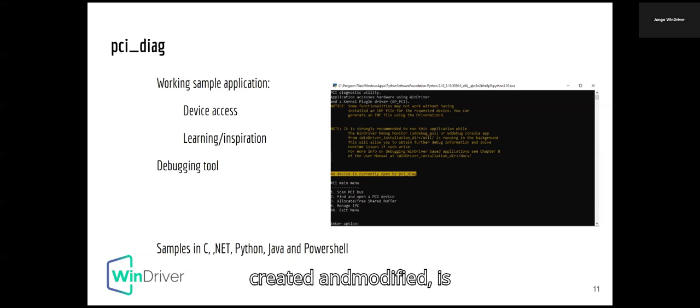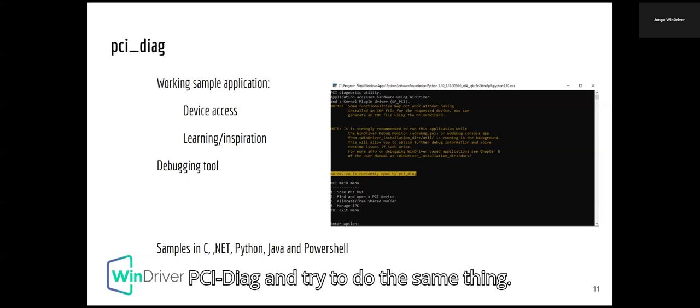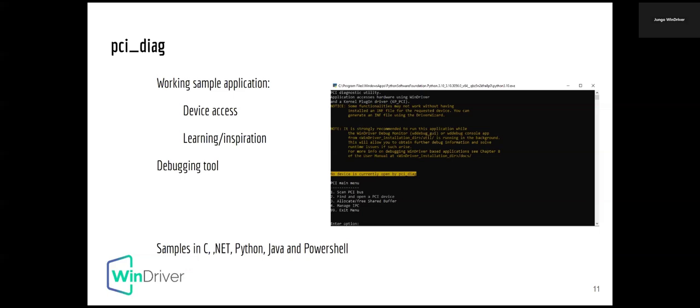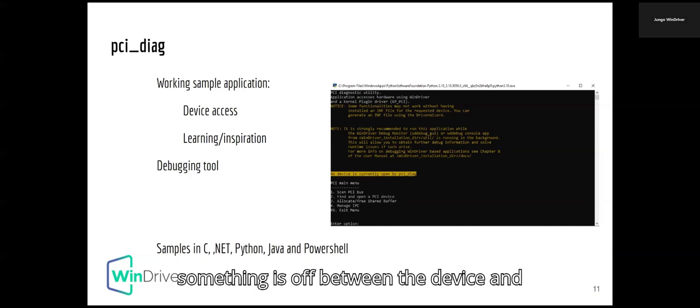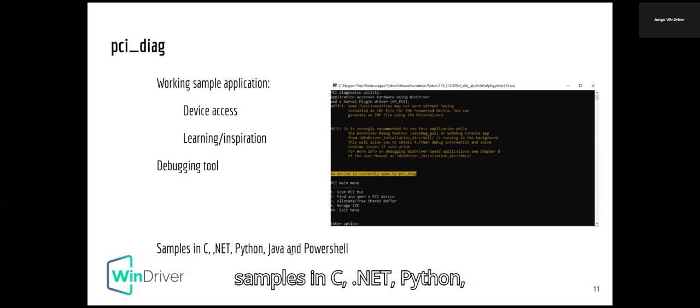So if the project you created and modified is not working, what we recommend is to go to PCI Diag and try to do the same thing. If PCI Diag works, something is wrong with the way the code was implemented. By the way, if PCI Diag is not working, that would probably suggest that something is off between the device and the operating system. We have the samples in C, .NET, Python, Java, and PowerShell.